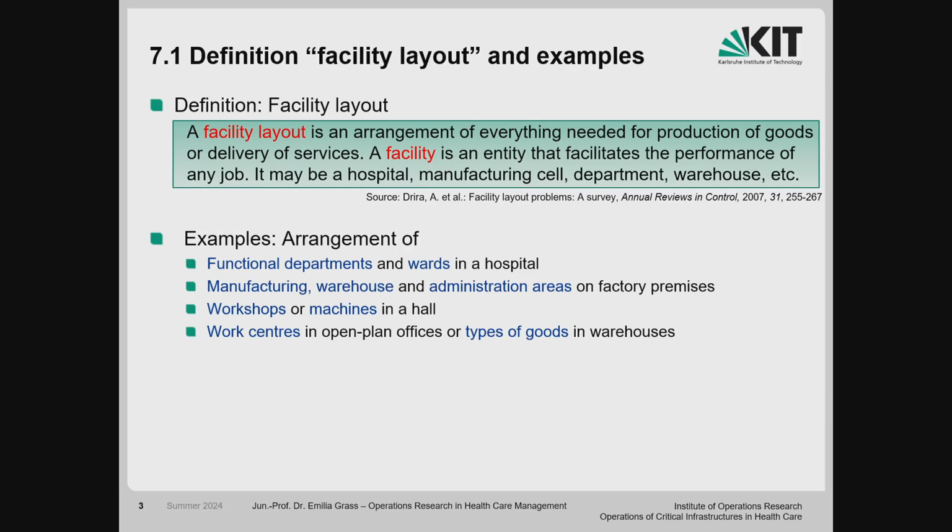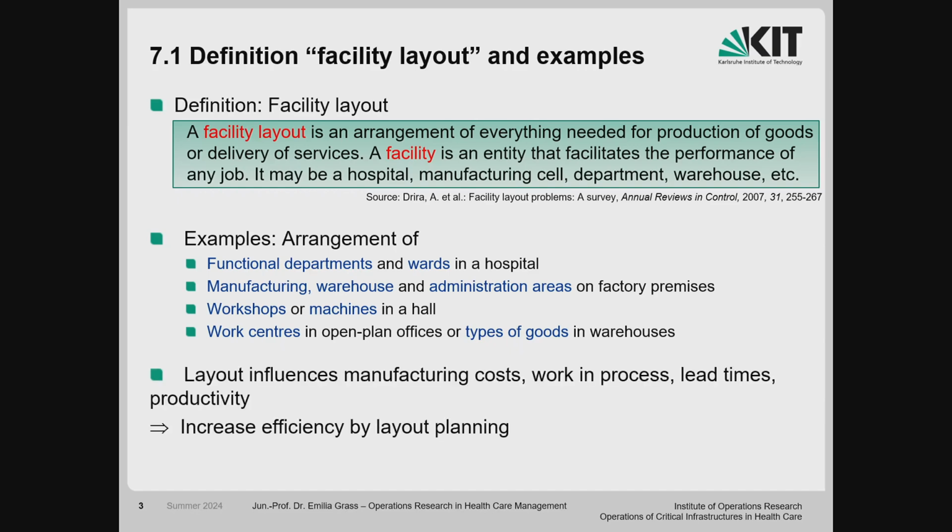And it could be the functional departments in a hospital, oncology, radiology, and whatever. In a manufacturing warehouse, or also administration areas for a factory, workshops or machines as a whole, so how to assign which job to which workstation, and also work centers in an open plan office or types of goods in warehouses.